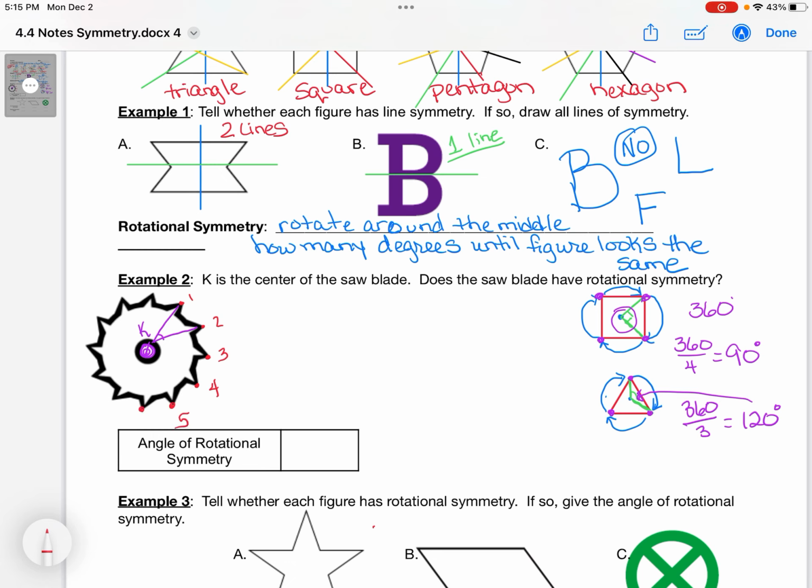Pretty much every corner or point, I guess I could say. So there are 12 places where I could stop and it would look like the exact same figure in the exact same place. So I'm going to take 360 because that's the whole thing, and I'm going to divide by 12 because there's 12 places where I could stop. And 360 divided by 12 is going to be 30 degrees. So the angle of rotational symmetry is 30 degrees.